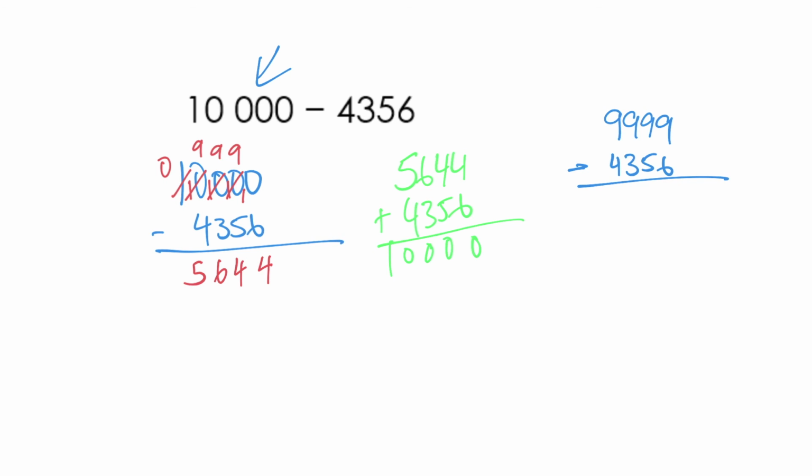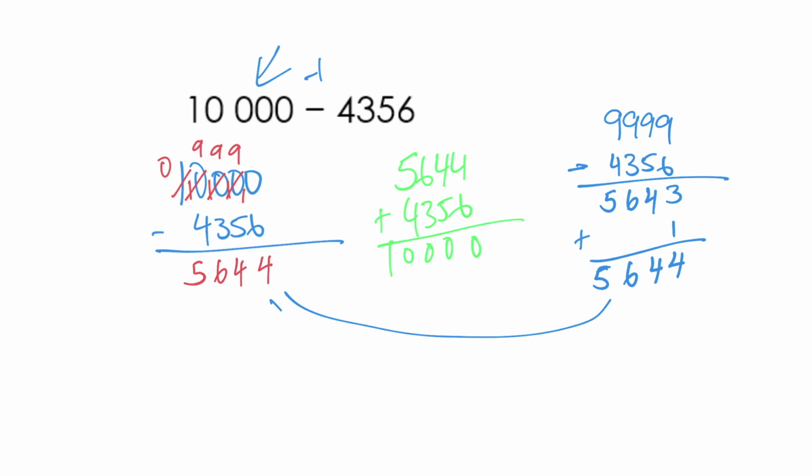Because now there's no borrowing. 6 from 9 is 3, 5 from 9 is 4, 3 from 9 is 6, 4 from 9 is 5. Now that gives us the wrong answer, but since you subtracted 1 at the beginning, add the 1 back at the end, and you get 5,644, which is the same answer that we got originally.